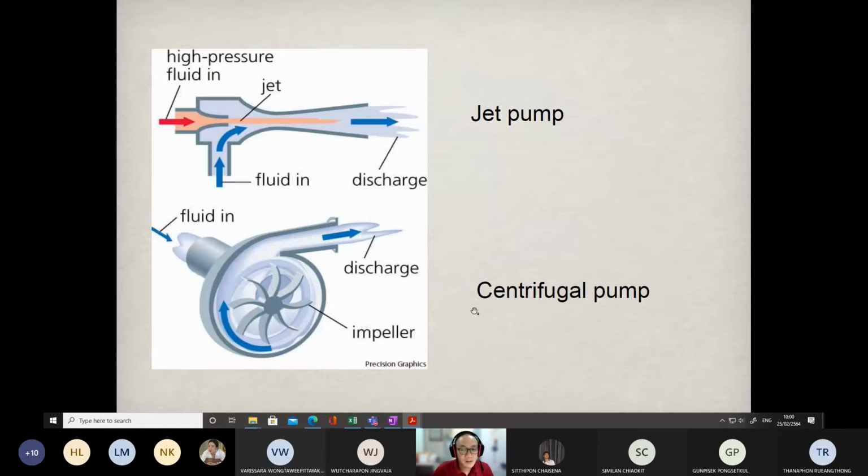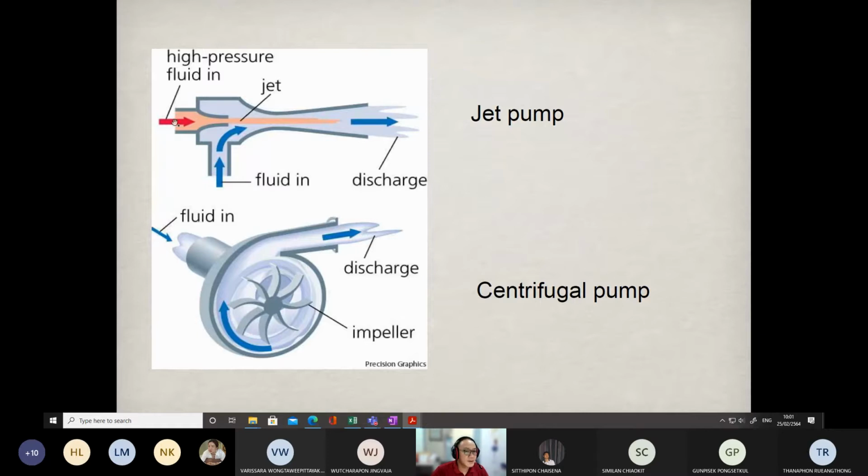Another type of pump that we sometimes use is this one, the jet pump. The high pressure fluid is injected here. This high pressure liquid can induce the water or fluids to get inside before discharging to the other side. So this is what we call the jet pump.